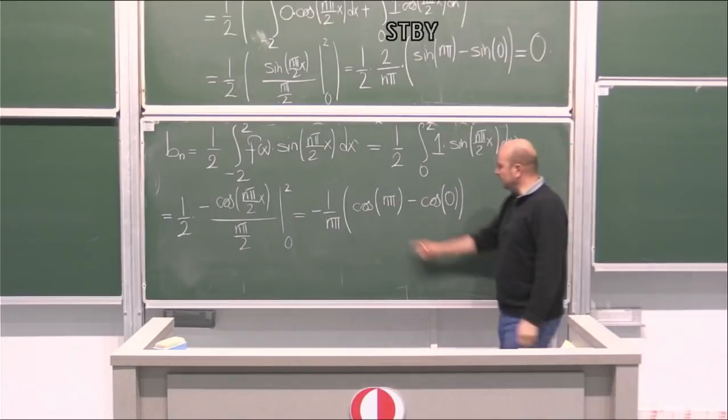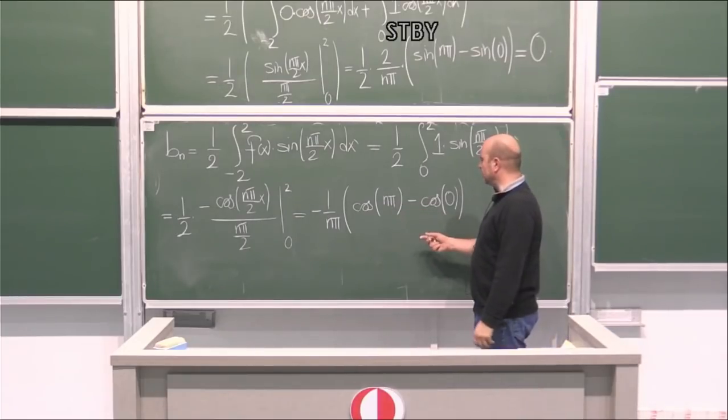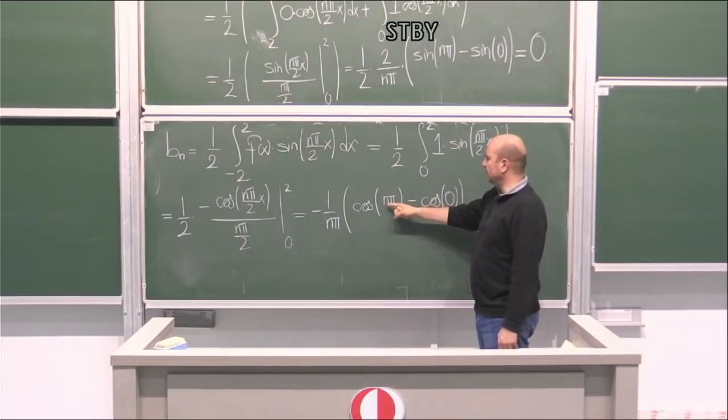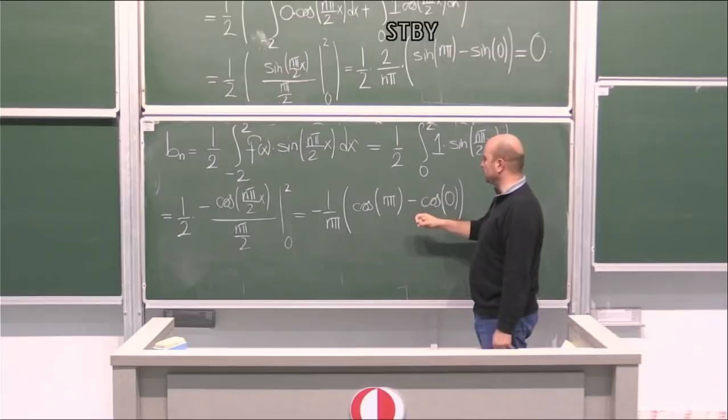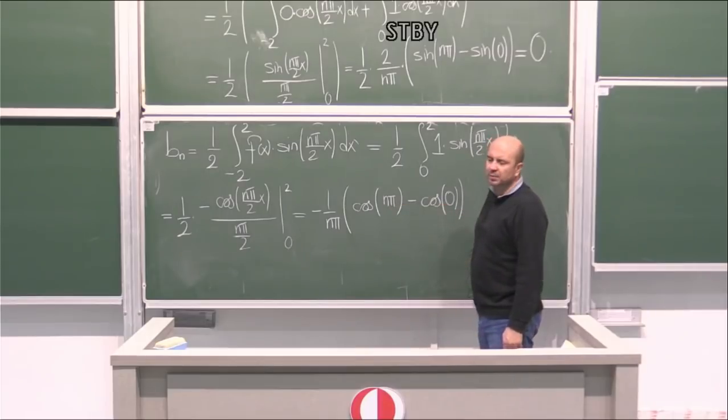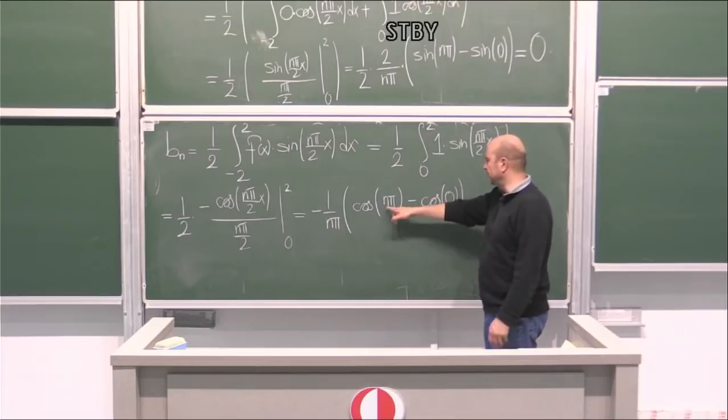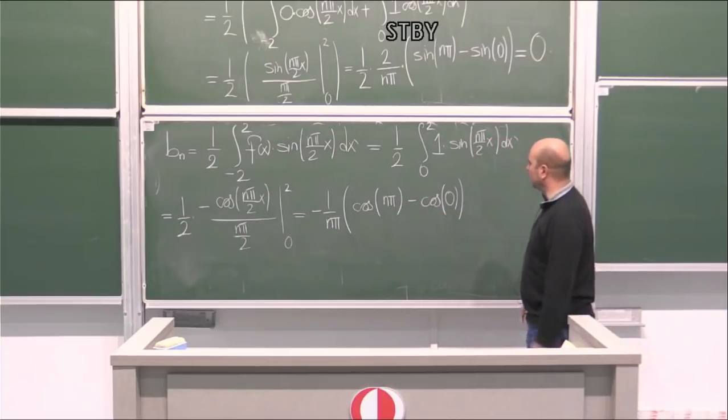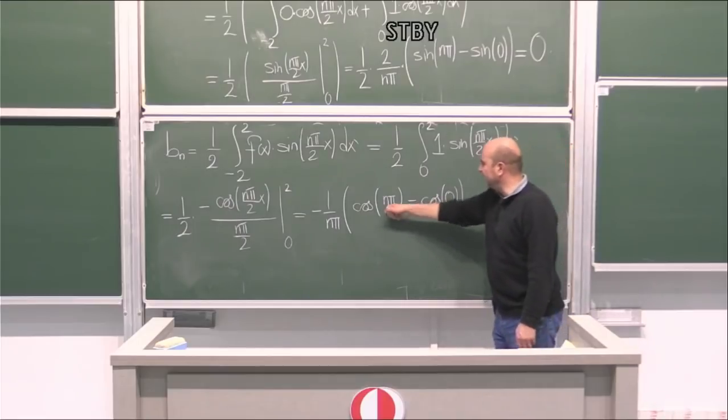But now, if you look at cosine n pi, n starts from 1. Cosine pi is minus 1. If n is 2, cosine 2 pi is 1, cosine 3 pi is minus 1. So that means this is always minus 1, plus 1, minus 1, plus 1, depending on the parity, evenness and oddness of n.